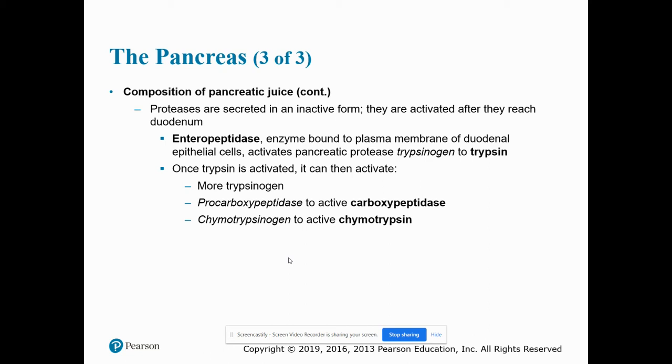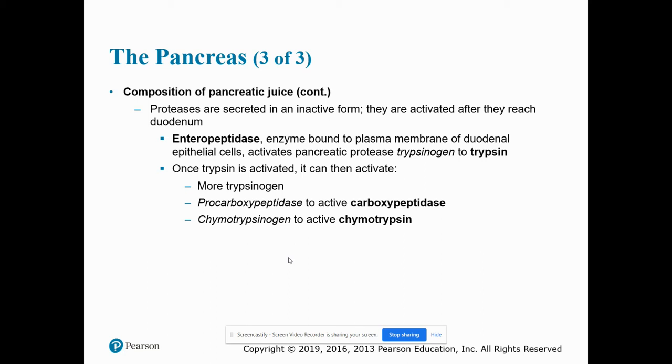Proteases are secreted in an inactive form. They're activated after they reach the duodenum. And we're going to talk about enteropeptidase. This is an enzyme bound to the plasma membrane of the duodenal epithelial cells, and it's going to activate pancreatic protease trypsinogen to trypsin.